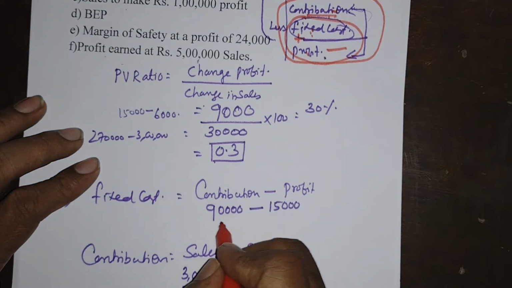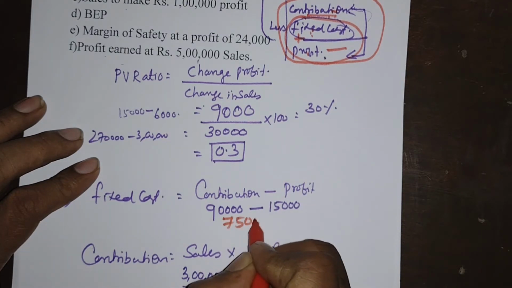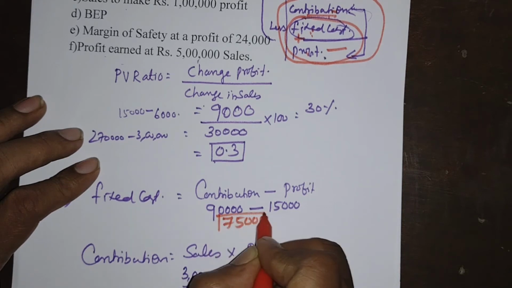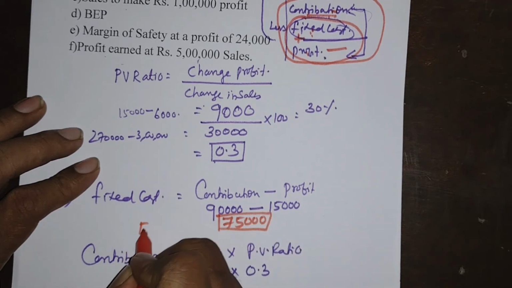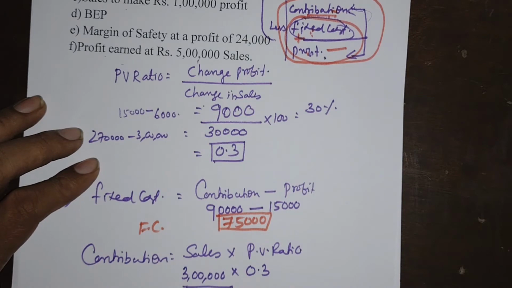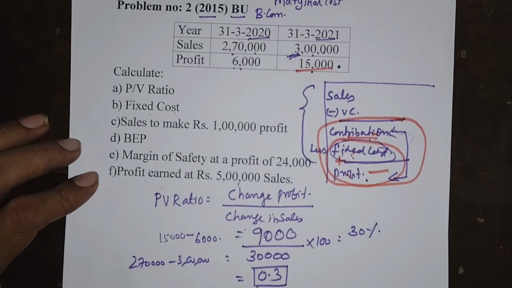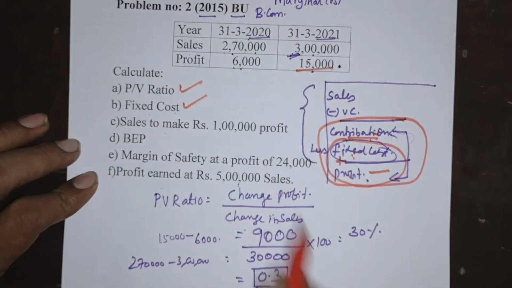The balancing figure we get is 75,000. This 75,000 is called the fixed cost. Now the second answer is also over.